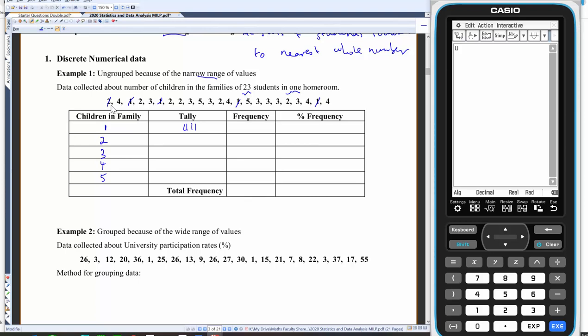Now we're going to go to 2s. 1, 2, 3, 4, 5, 6. 6 of them, I think. 3s, we've got 1, 2, 3, 4, 5, 6, 7. 7 of them. 4s, 1, 2, 3, 4.